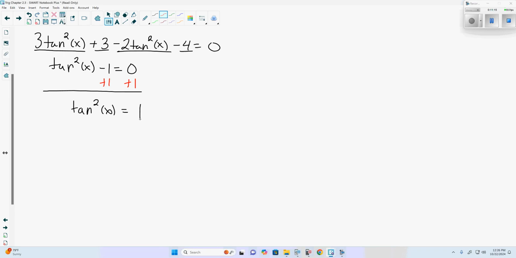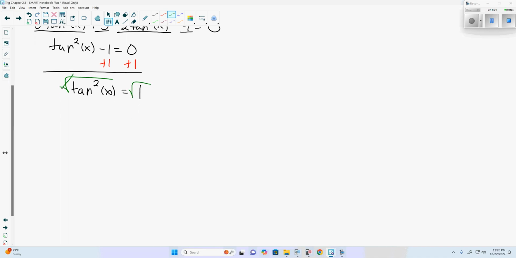At this point here, we can take square root of both sides, because our square root and square would cancel, telling me the tangent of x is equal to plus or minus the square root of 1, which is 1.